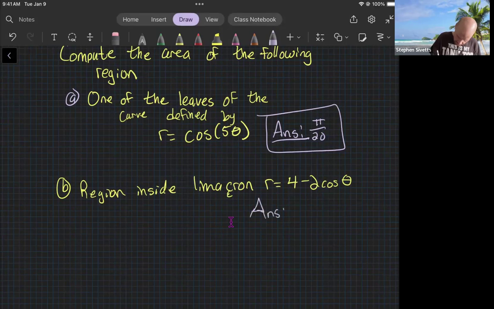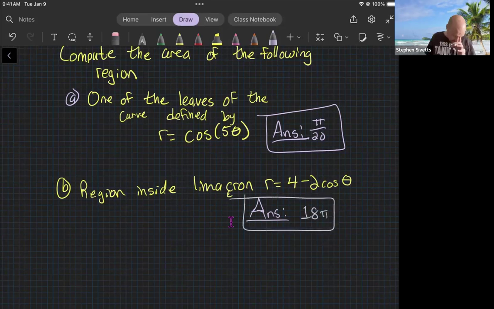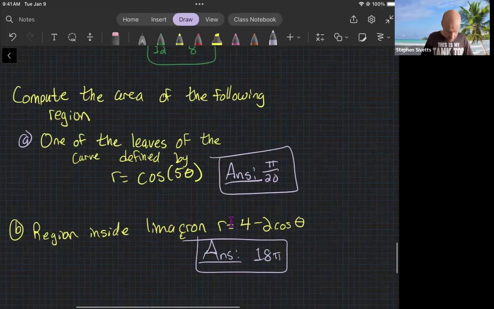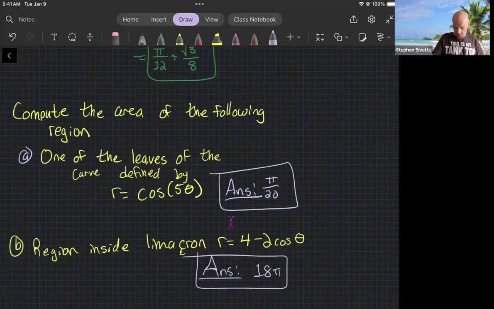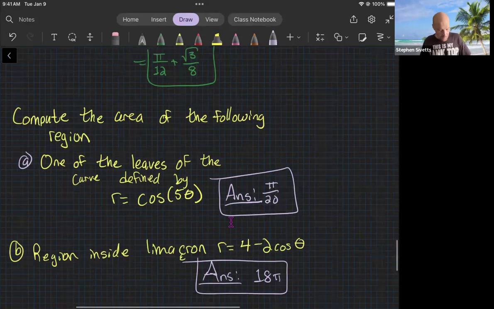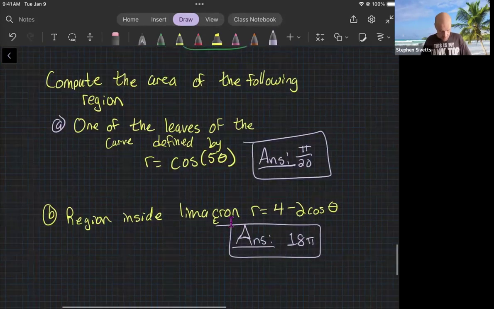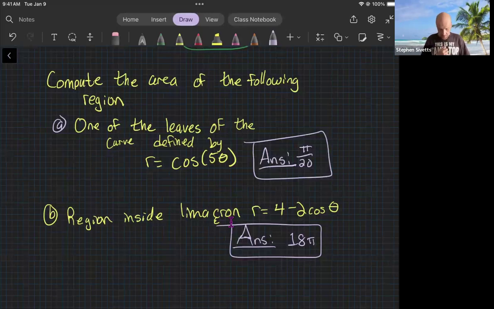If you do this correctly, the answer should be 18 pi. If you're still stuck on formulating the integrals, and you don't come up with the right solution, please let me know, and I will guide you through the process of getting to the correct answer.